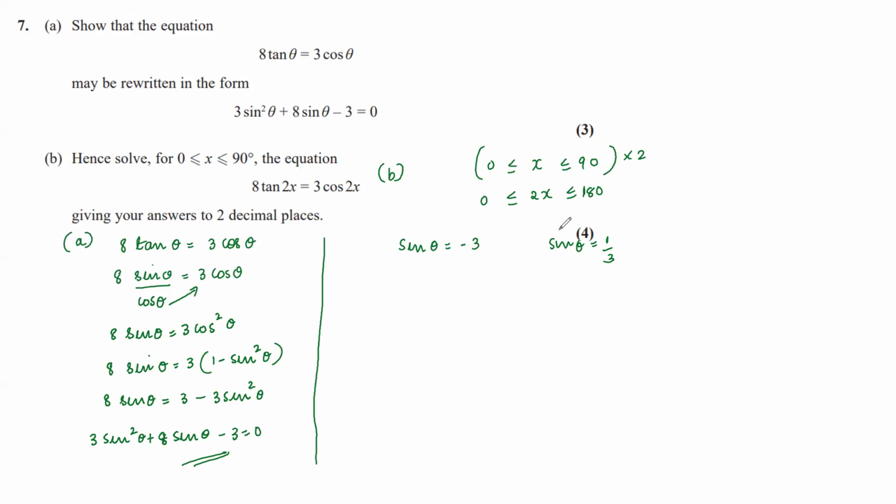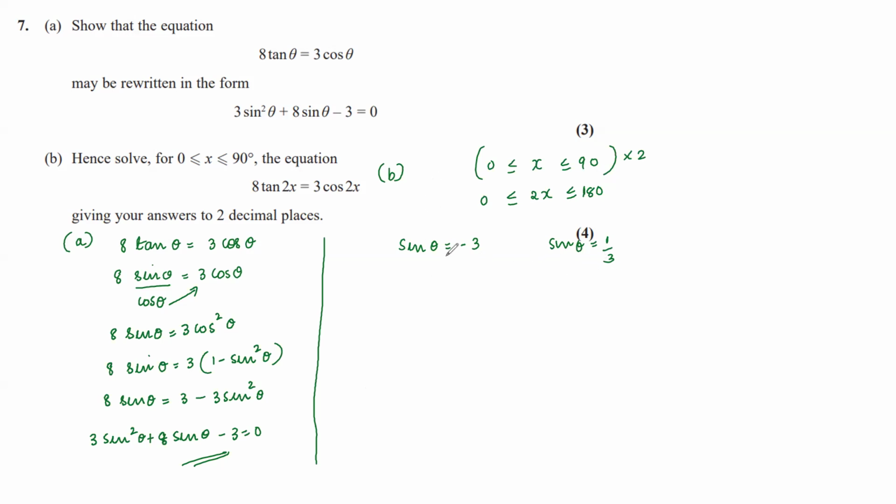You can just input that in the calculator. For A you put 3, for B you put 8 and for C you put minus 3. You'll get the values for sine theta as minus 3 and 1 by 3. Or else you can use the quadratic formula method, you will still get minus 3 and 1 by 3.